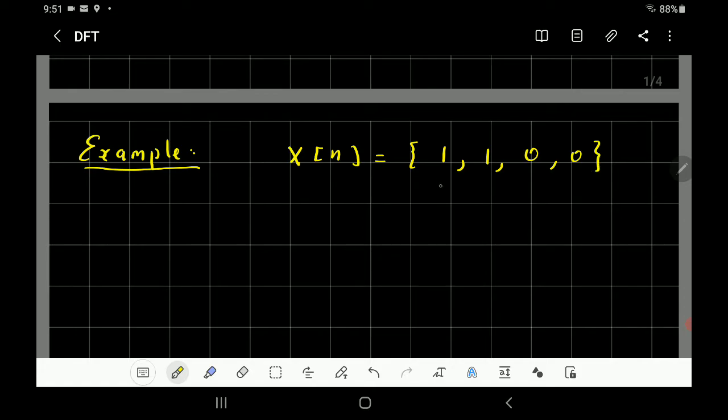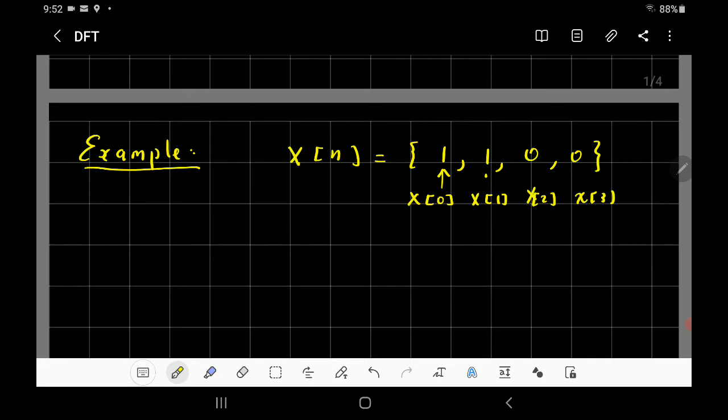And we are going to use an arrow here or underline to indicate when n equals 0. So this element represents x of 0. The second element will be x of 1, x of 2, x of 3.